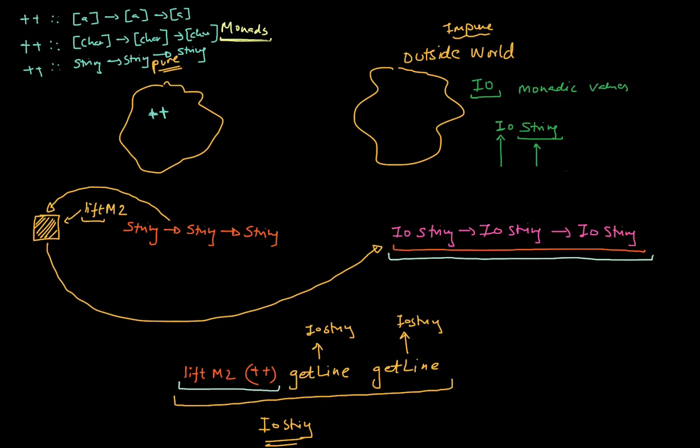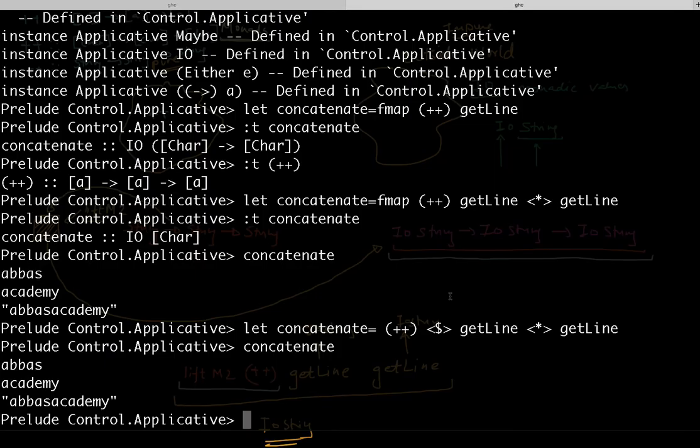On the Haskell shell, I'm going to revisit the concatenate binding that I worked on in my last video. But now I'm not going to use the applicative or the functor style, I'm just going to make use of my liftM2 method. So first thing, let's do a liftM2. I'm going to lift my concatenation method, the ++ thing, and pass in getLine.